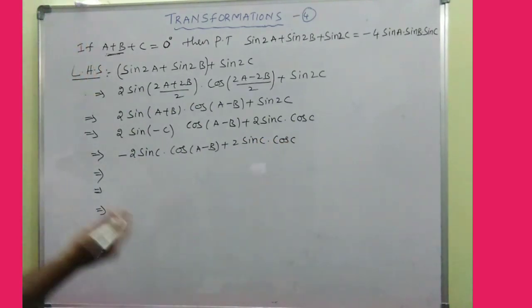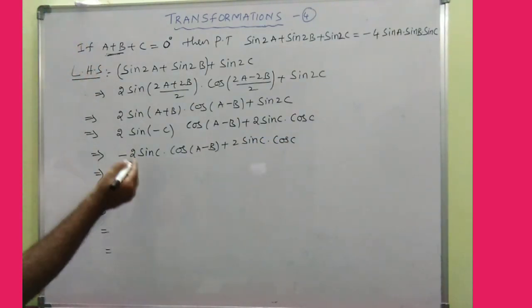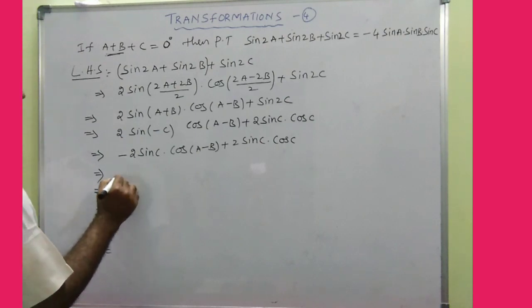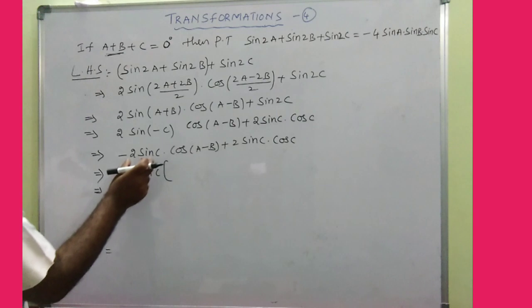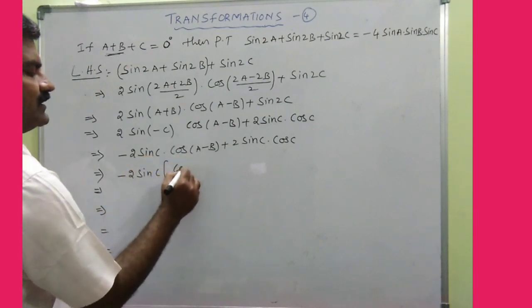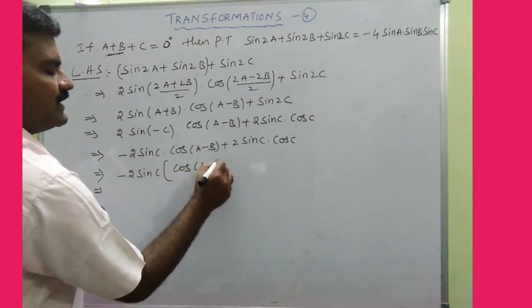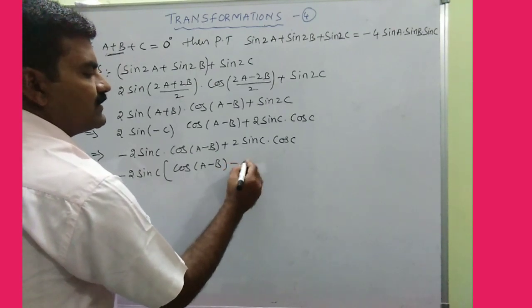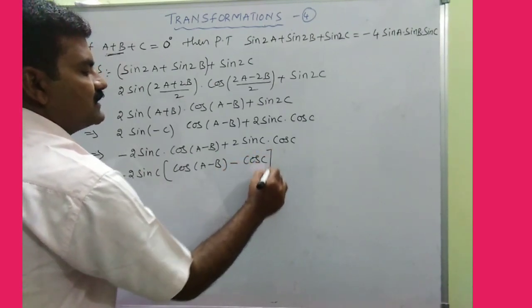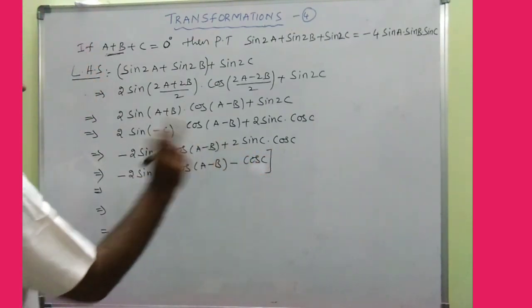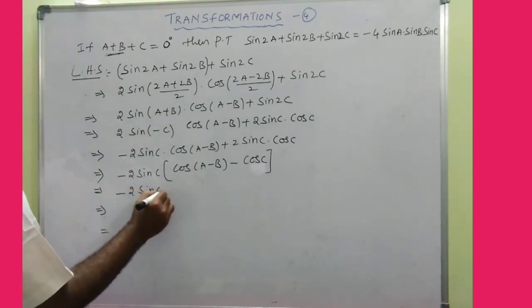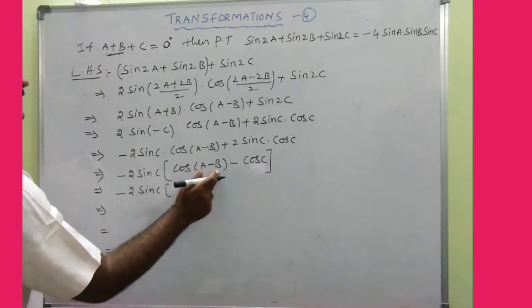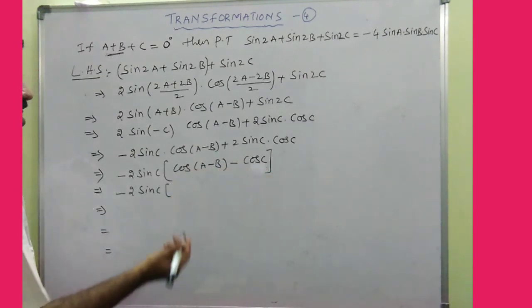And in the next step, can we take minus 2 sine c common? If you take minus 2 sine c common, here we have cos of a minus b, and coming to here we have minus cos c, minus into minus plus. So once again you see my first function is in terms of a and b, whereas this is c.